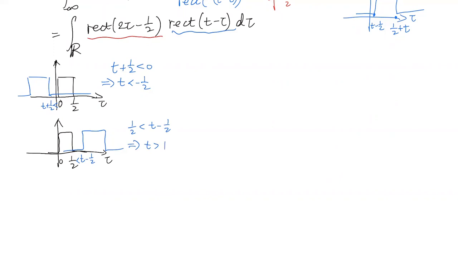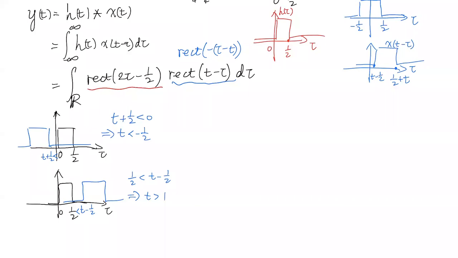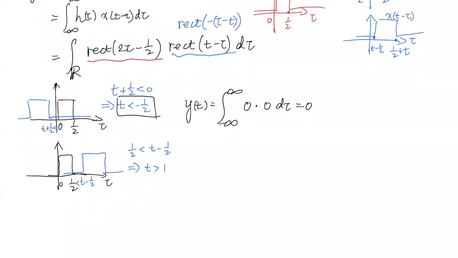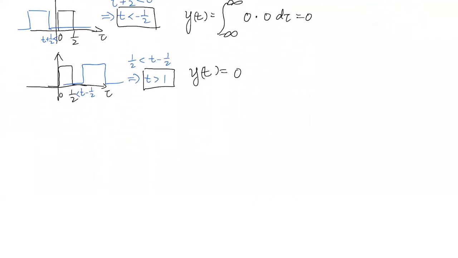In both cases, if I multiply this function and this function, we get 0 all the way. So essentially y of t equals the integration from negative infinity to positive infinity of h of tau, which is 0, times x of t minus tau, which is 0, d tau, and everything is 0 for t less than negative half. Likewise, y of t equals 0 for t greater than 1.